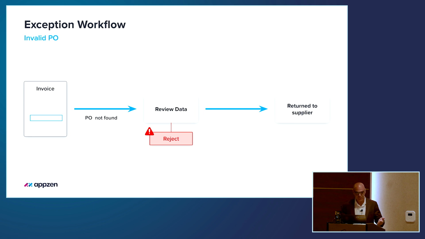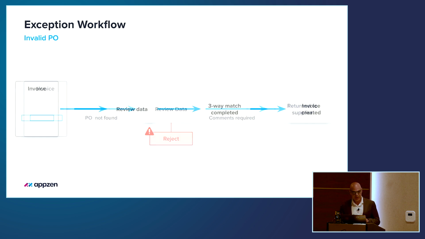So they're going to reject the invoice because the PO is not found. And they will leave a comment, and then it gets returned to the supplier with a message. So that workflow is built in. It's an exception that was managed, and the AP processor is able to go through that and handle it all in autonomous AP.